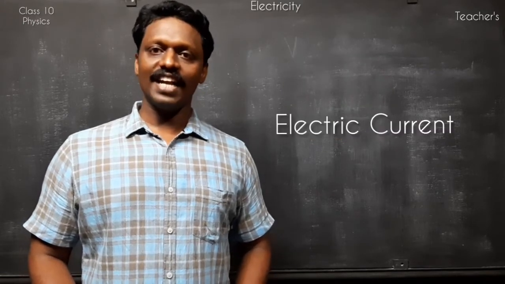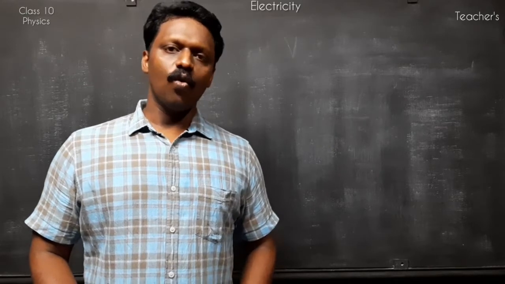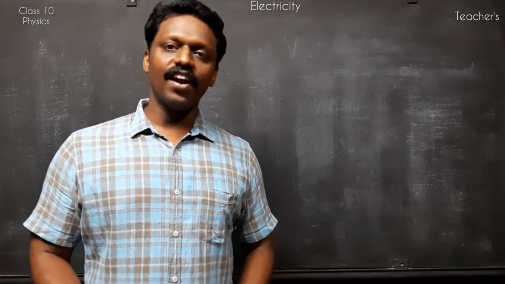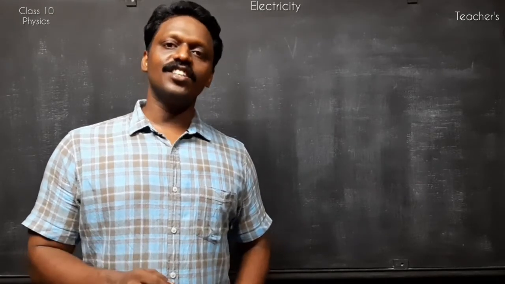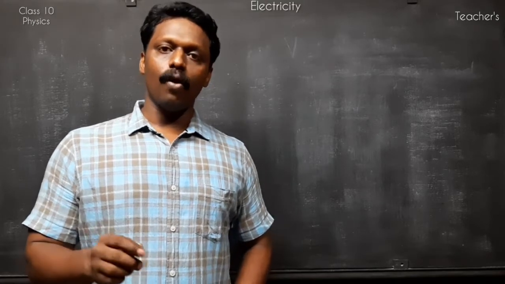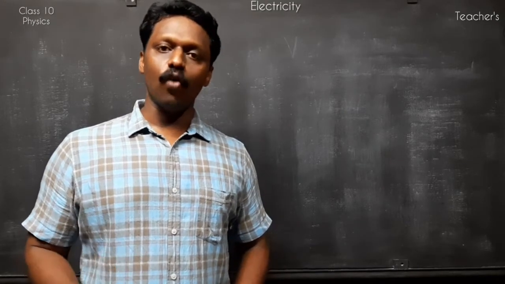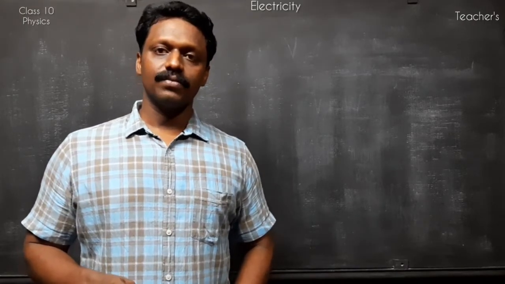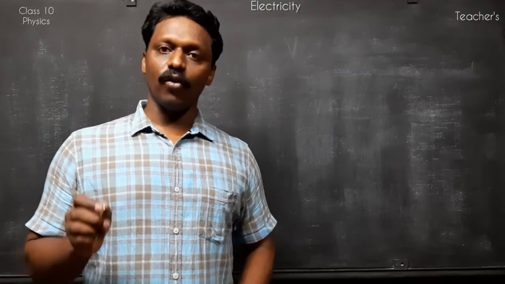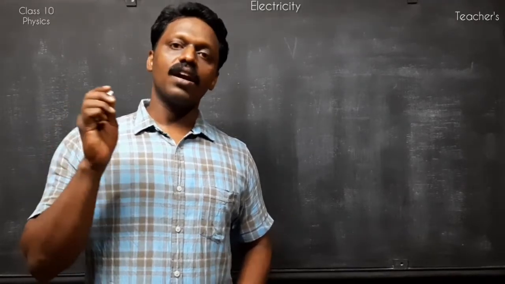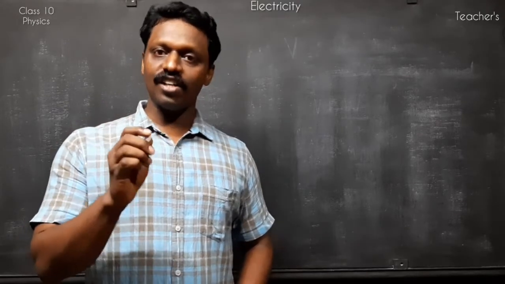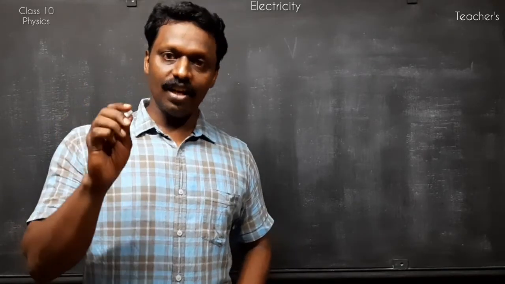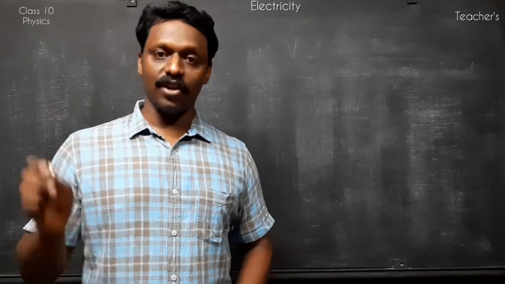So let us now discuss electric current. When two charged bodies at different electric potentials are connected by a metal wire, then electric charges will flow from the body at higher potential to the one at the lower potential till they acquire the same electric potential.